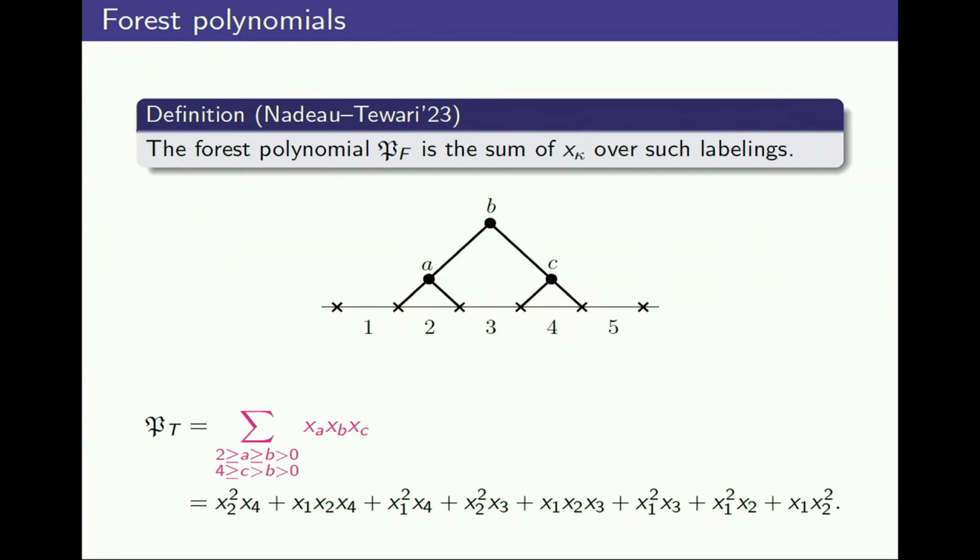Okay? So A and B can never exceed 2 because that's the flag. C cannot exceed 4. I am strictly increasing going right, so B is less than C, and whatever's the right inequality, your inequalities are weak to the left and strict to the right. So this is a sum of 8 monomials.